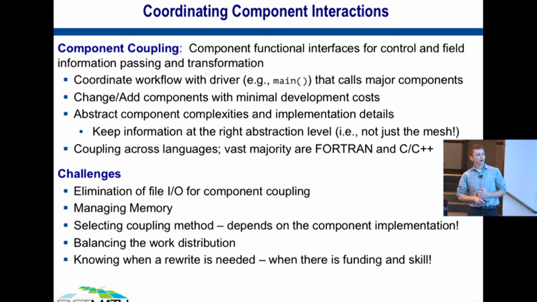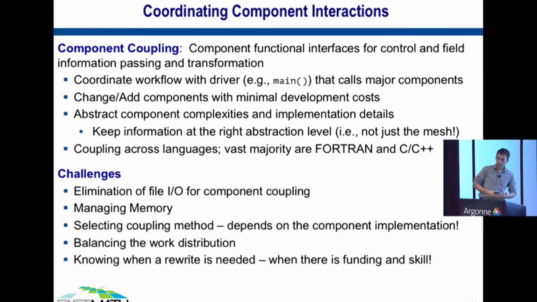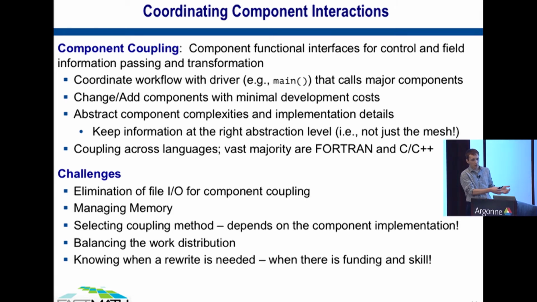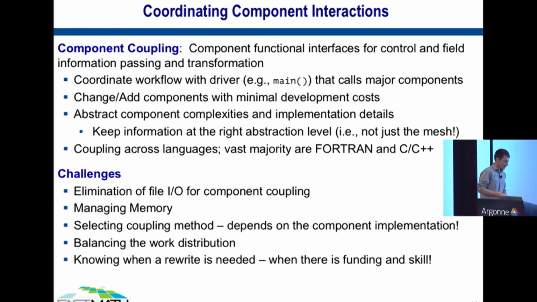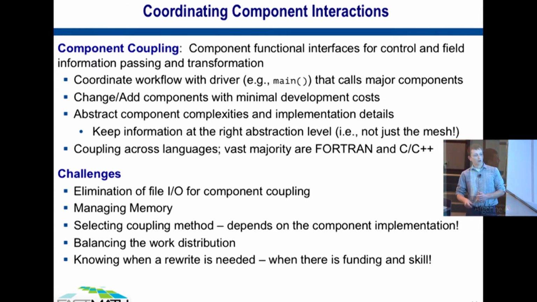We also have to be very cognizant of the coupling method that we choose for the information transfer, and this is, again, dependent on the components being coupled together. As we're passing information, we have to be careful about the balance of work to the various processes. Different components have different requirements for how much data they can efficiently compute on, so a solver versus a mesh adaptation tool, and so on. And lastly, knowing when you need to just simply rewrite and not necessarily just try to hook things together.